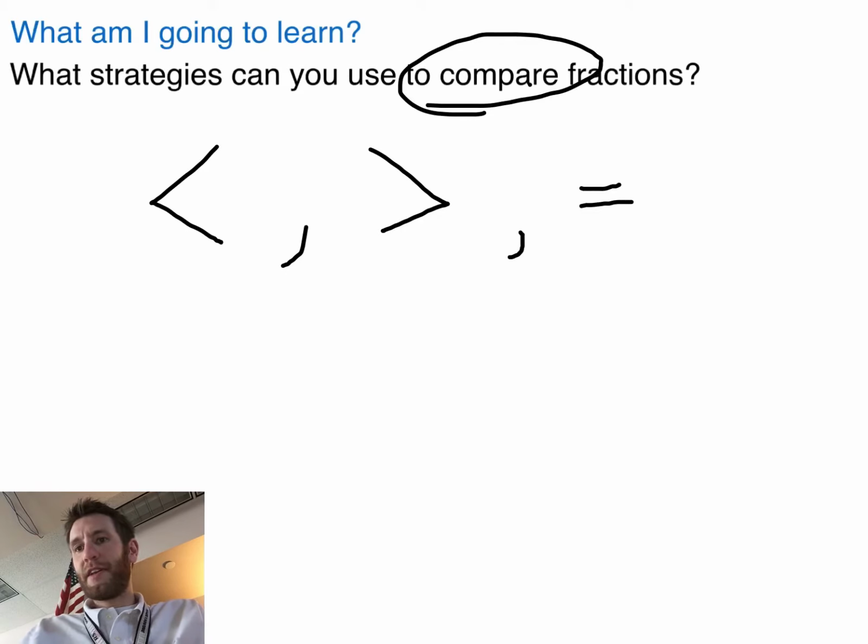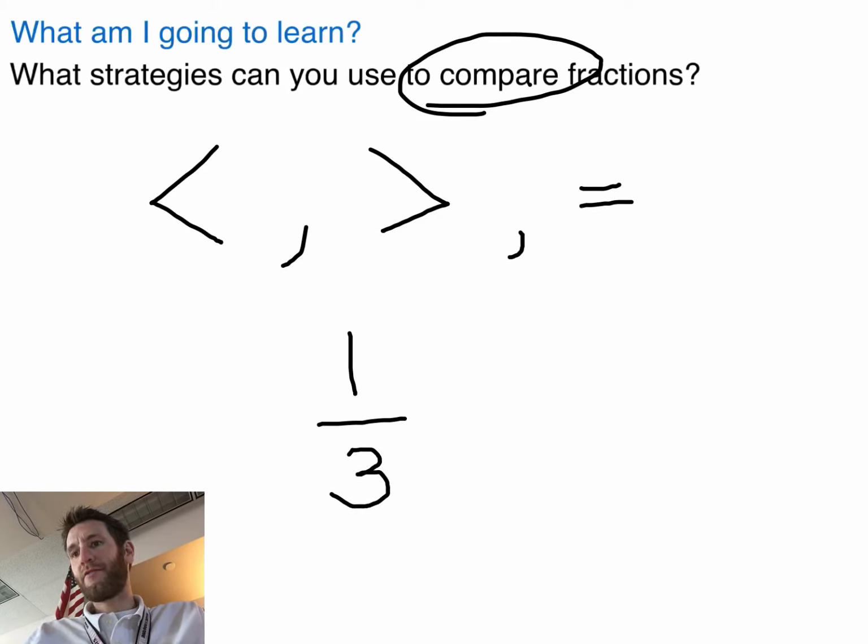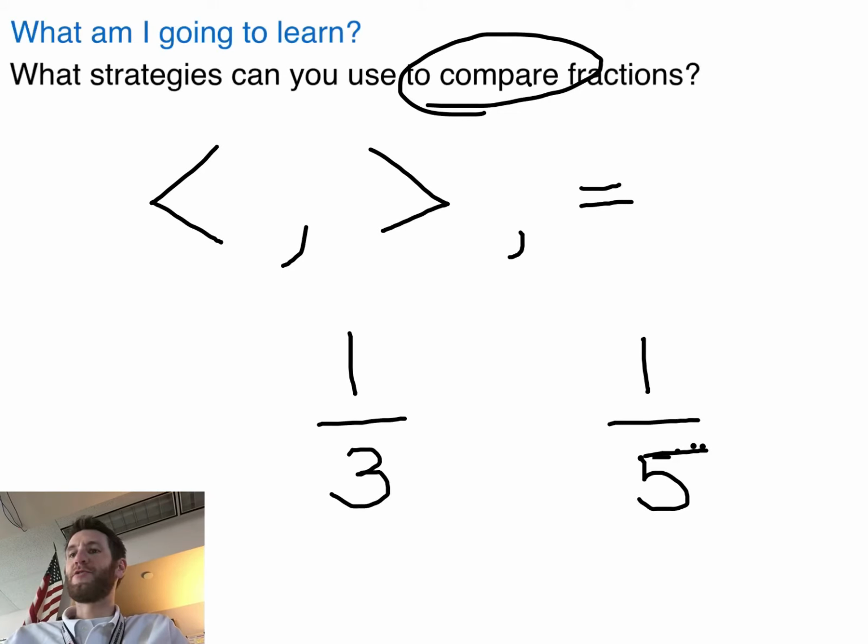But I might have a fraction like 1/3 and a fraction like 1/5. Now in these two fractions you'll notice that the numerators are the same, okay, but the denominators are different.